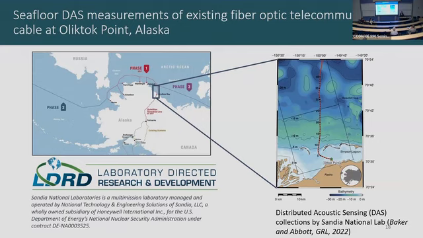If you had 10 spread out along the coast, either you have multiplex or you need 10. Or you do some other kind of clever zigzag, because you can measure up to kilometers of cable at the same time. So you can imagine lots of different deployment configurations that could give you lots of different information.